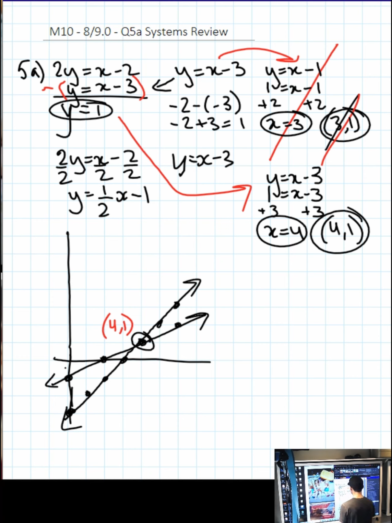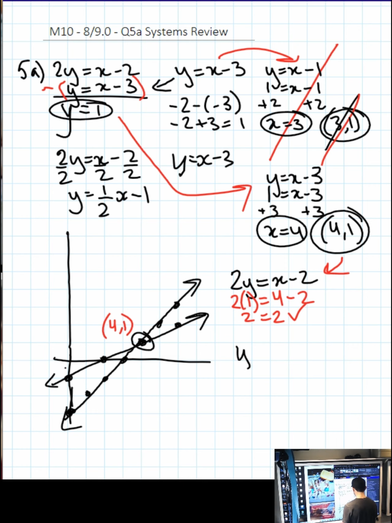Okay, so let's check our answer. Let's take our first equation, 2y equals x minus 2, and the point that we just figured out correctly, 4, 1, and substitute for x and y. So we have 2 times 1 equals 4 minus 2. 2 times 1 is 2. 4 minus 2 is 2. Check mark. Okay, let's take the other equation.